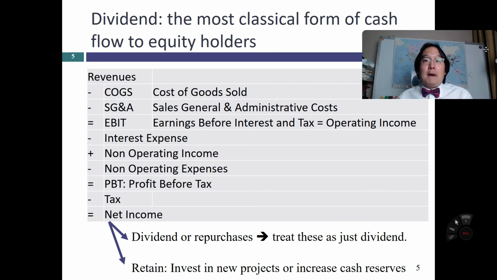And then that's EBIT, and then we subtract interest expense, because this is one of the non-operating expense items. But interest expense is an important one, so I separately wrote it down from non-operating expense. Interest expense is about raising capital, serving your debt holders, whereas non-operating expenses are related to all different kinds of things.